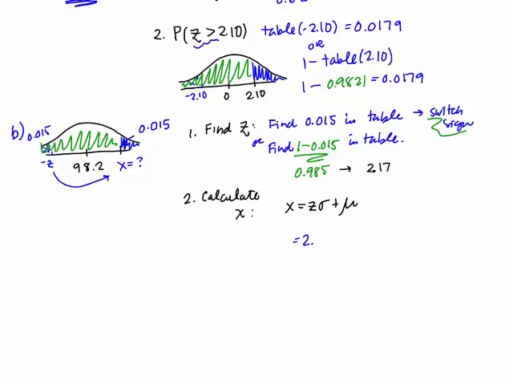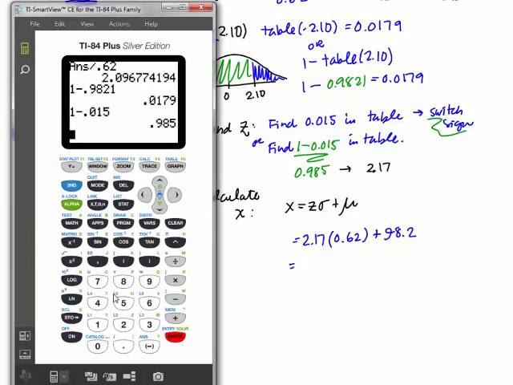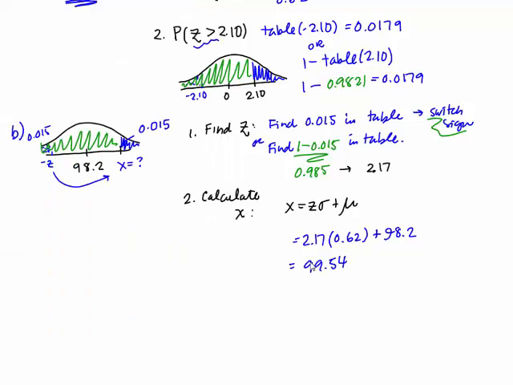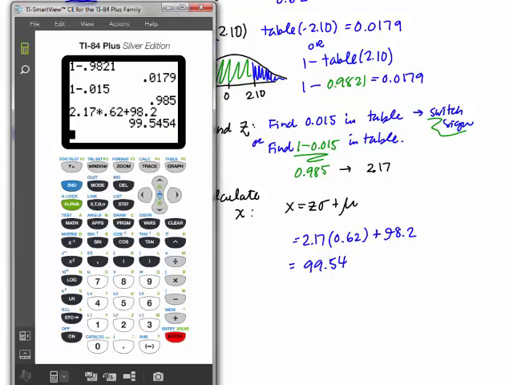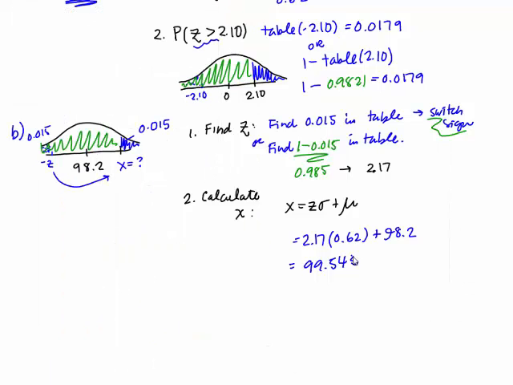So the z value we found, 2.17, standard deviation 0.62, and the mean temperature 98.2 should give us a minimum temperature for a fever, or to require further tests, of 2.17 times 0.62 plus 98.2, which is 99.54. I think 99.54 maybe? What's it say? 99.54 for a minimum temperature.